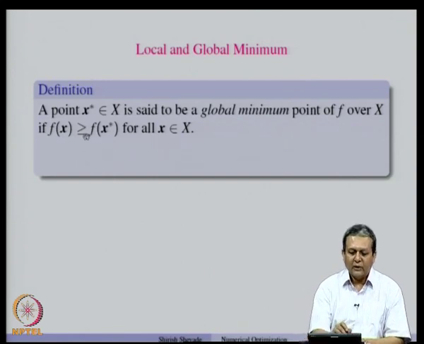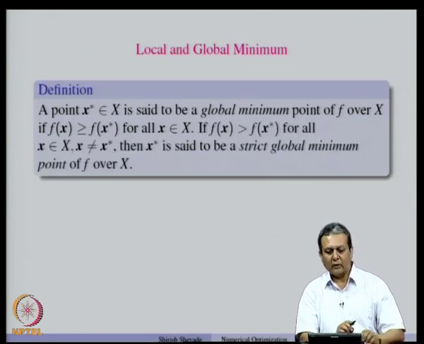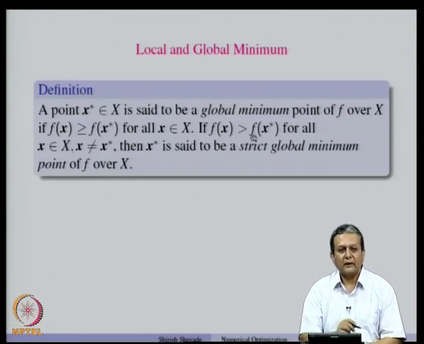And if this inequality holds strictly, that is, if f(x) is greater than f(x star) for all x in X where x is not equal to x star, then x star is said to be a strict global minimum point of f over X.